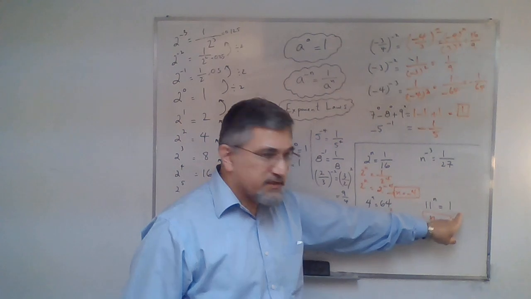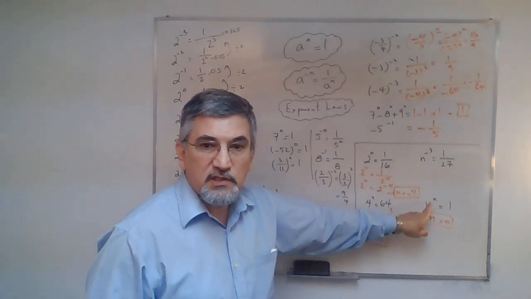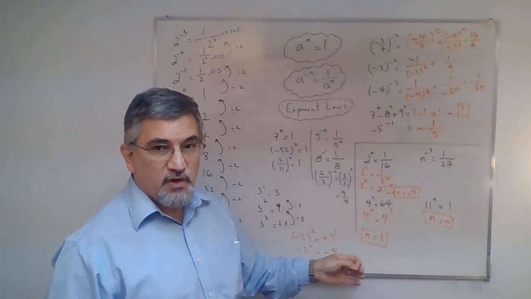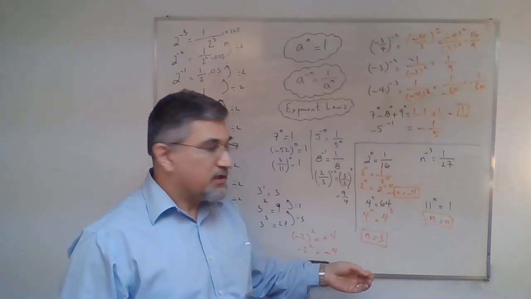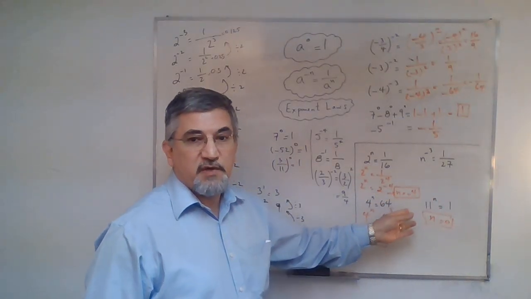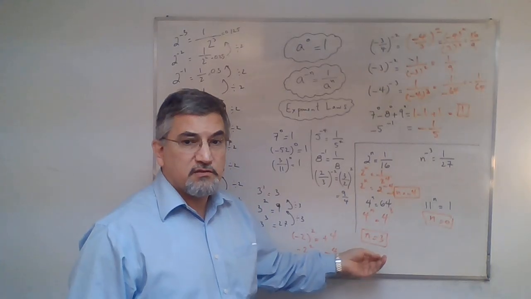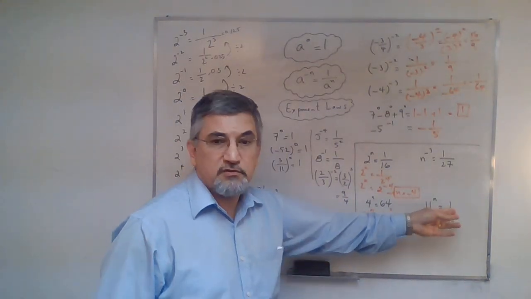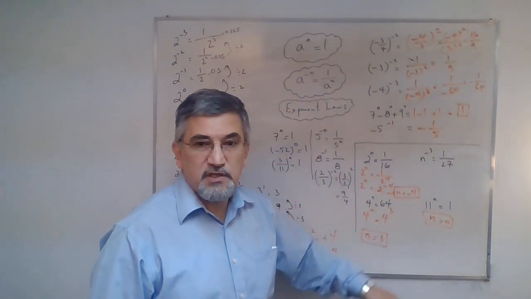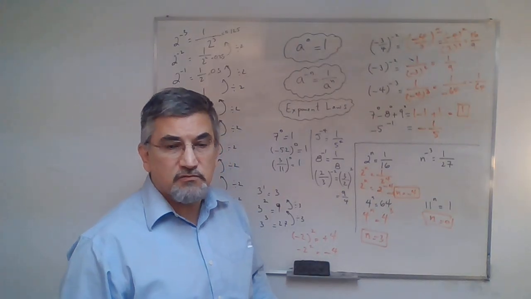So because the right-hand side is 1, this exponent on the left must have been 0, and it cannot be anything else. If n is equal to 1, on the left side we have 11. If n is equal to 2, we have 121 on the left-hand side. How can I say 121 is equal to 1? So n must be equal to 0 and nothing but 0.